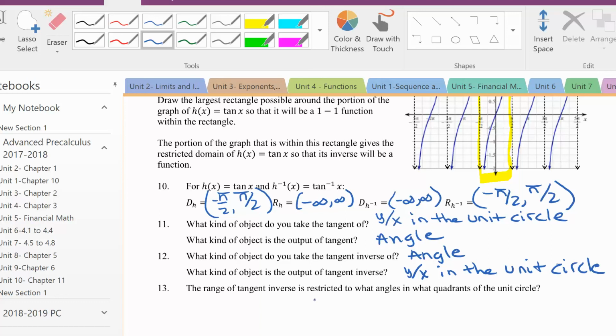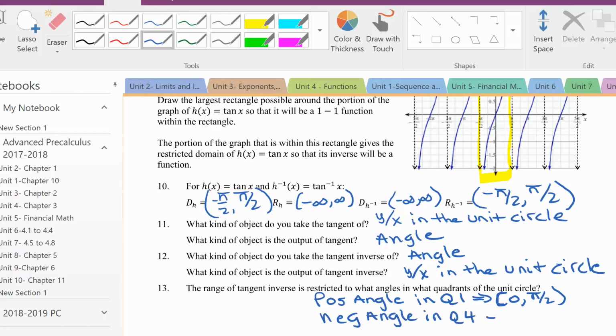If it is a positive angle, it is in quadrant 1, between 0 and pi over 2. But if it's a negative angle, it's in quadrant 4, between negative pi over 2 and 0.